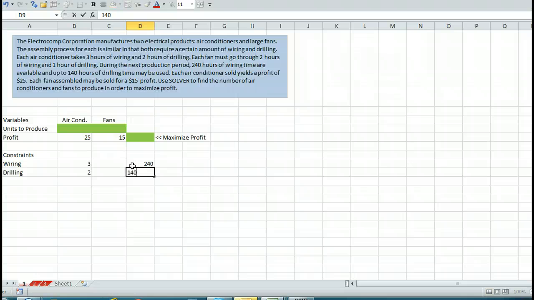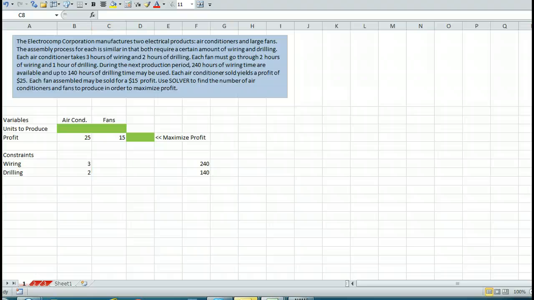We also have 140 hours of drilling time. And I'm going to put these over here, what we have available, because I want to save this other column for something else. Okay. So I have already here the hours it takes for the air conditioners, for both wiring and drilling. You're going to add in here the number of hours it takes for wiring and drilling of fans.